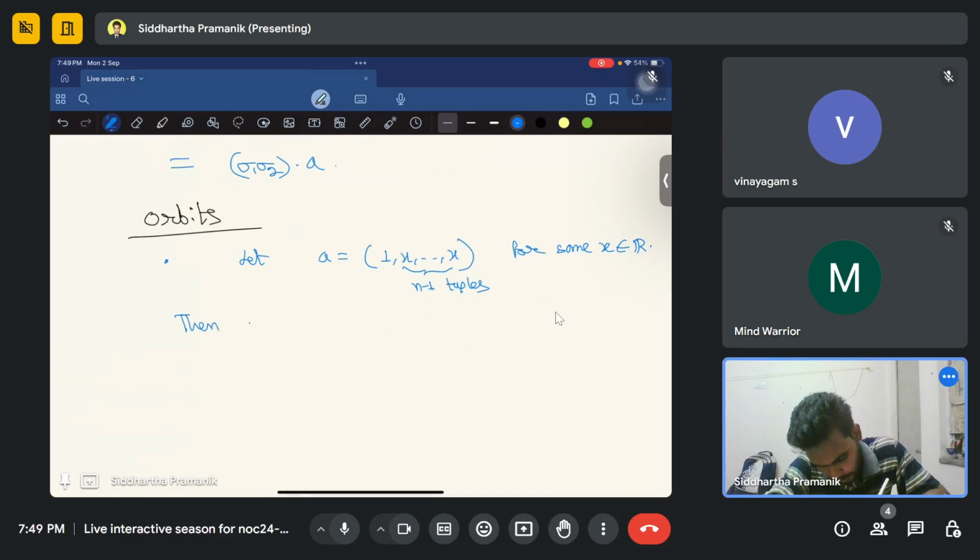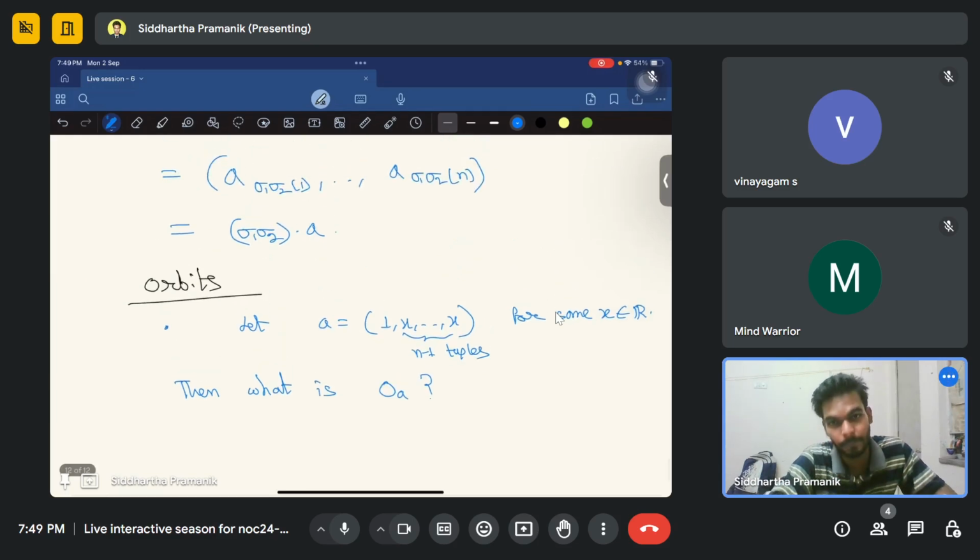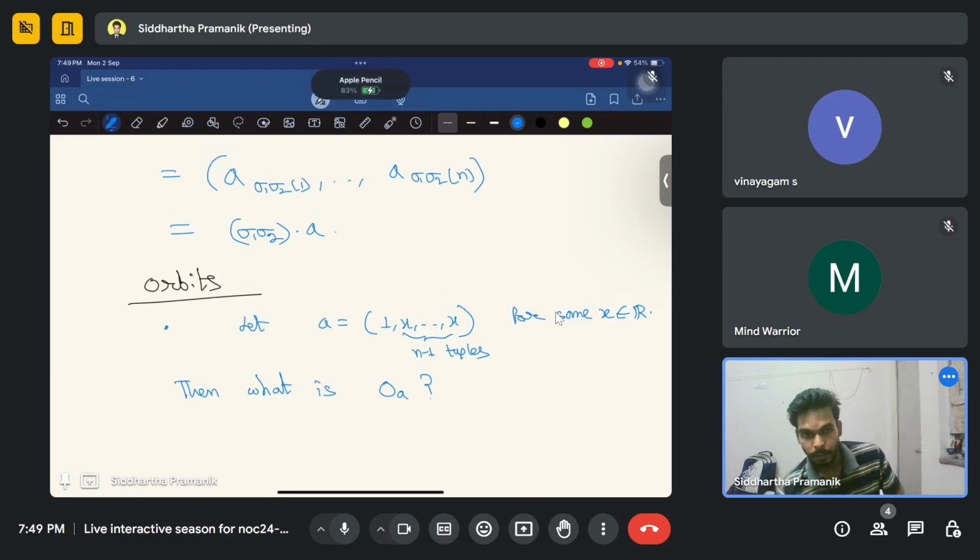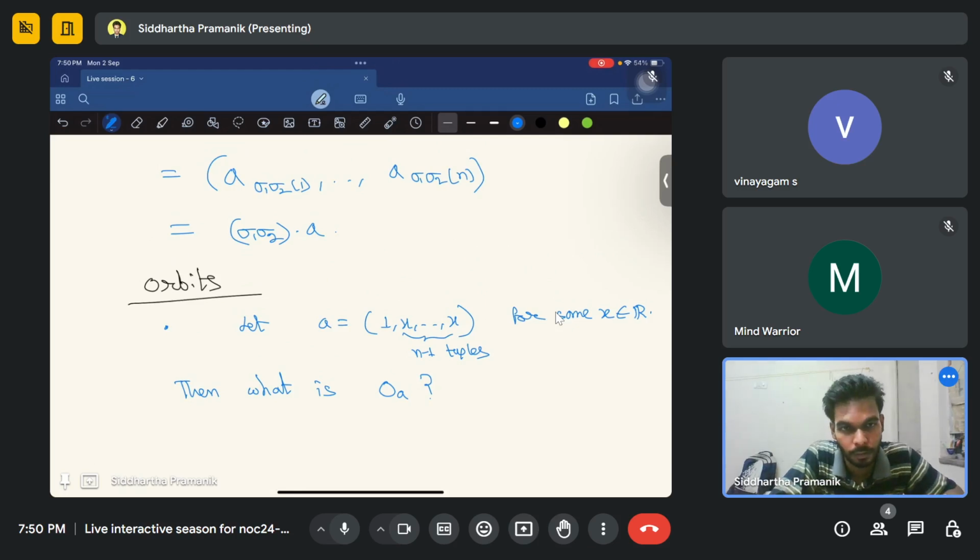Then what is the orbit of this element? Can you guess what is the orbit of this element? Or how many elements are there in the orbit? Any guess?